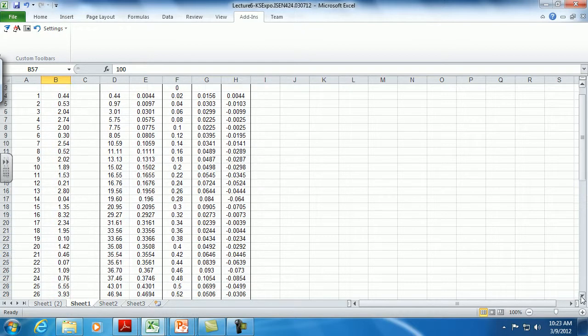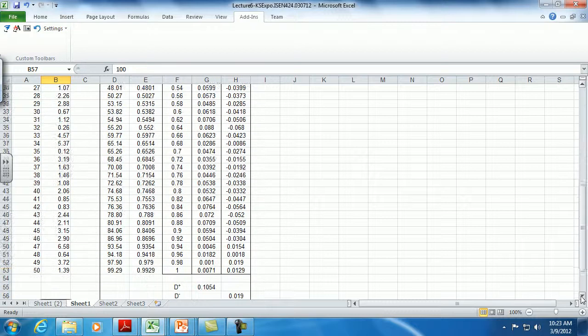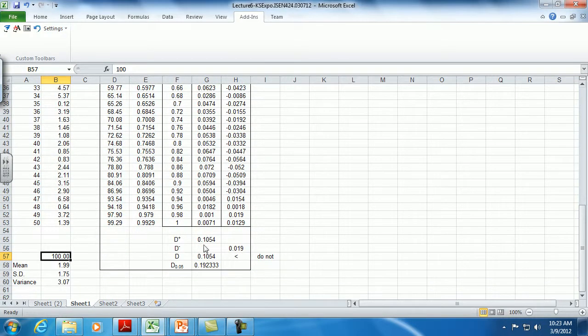And you know how to proceed for the test. You need to find D minus and D plus. D minus is 0.019. D plus is 0.1054. So our D is 0.1054. Since this is less than our tabulated value, which is 0.1923, we do not reject the hypothesis. Okay?